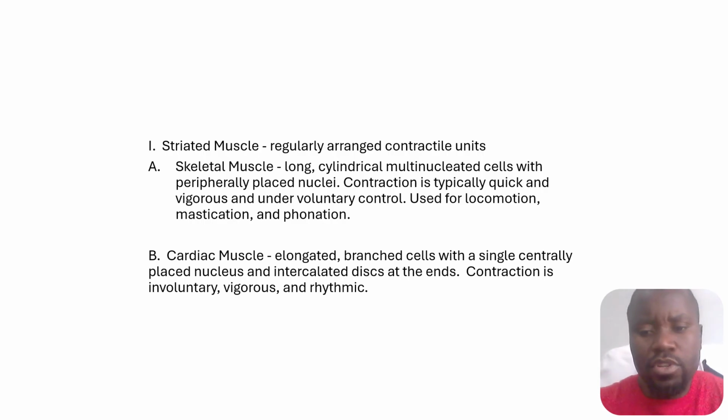Then cardiac muscle is also categorized as striated muscle. In terms of features of the cells that make up cardiac tissue, they are elongated, but they are not long and not cylindrical in nature. But they are branched, with a single centrally located nucleus.